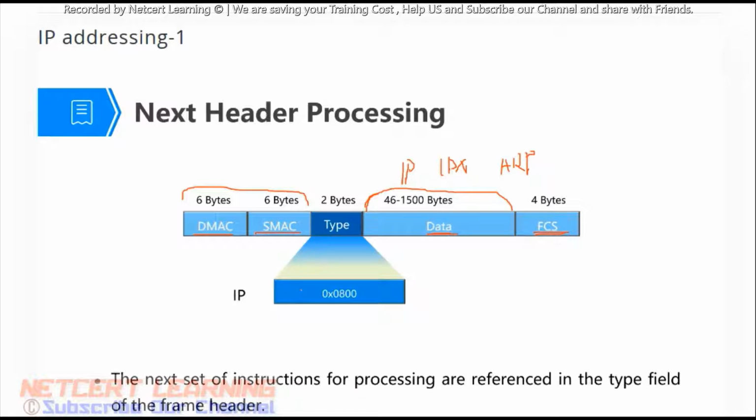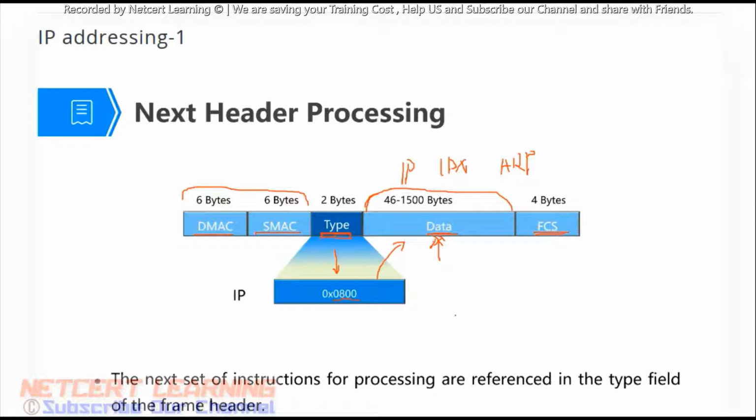Then how do we identify which protocol is contained in layer 3? We use the type. This type field is the Ether2's third field. If the value is 0800, it points out this is an IP packet.